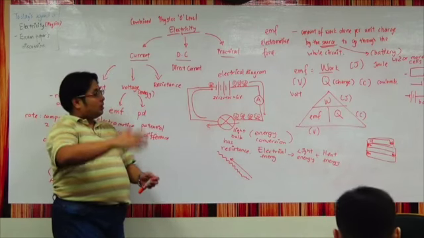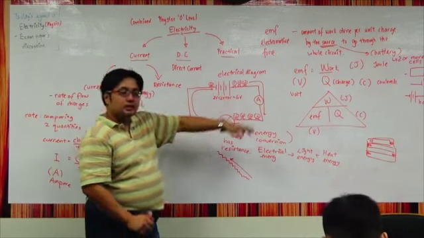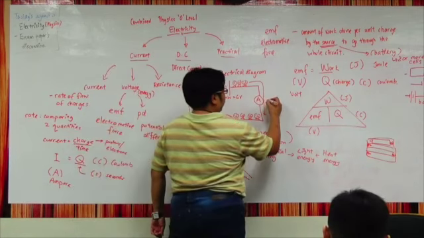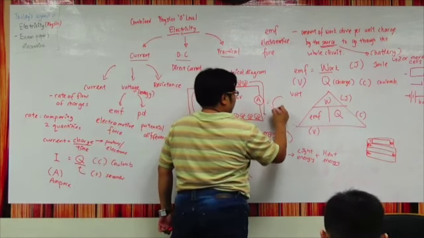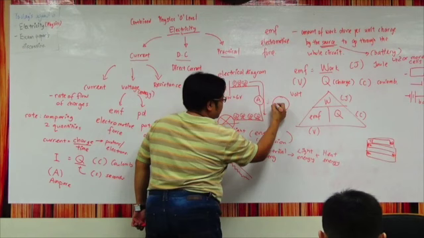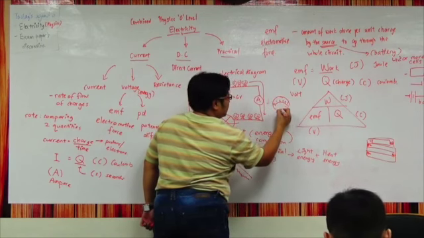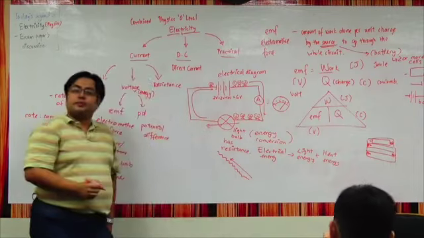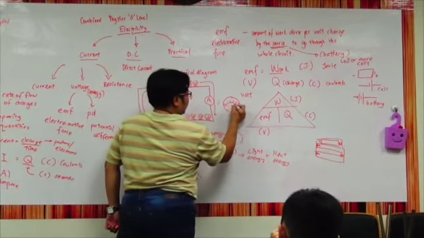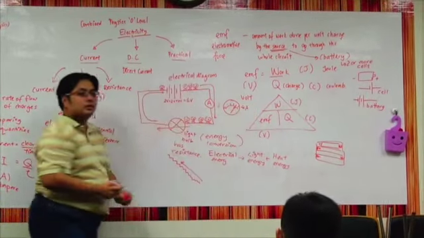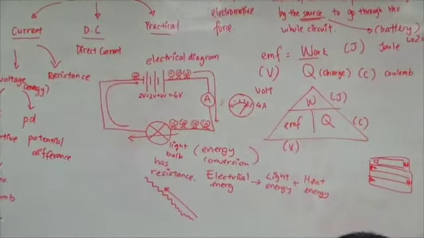Then it gives you a reading. There's a needle here, with 0, 1, 2, 3, 4, 5. Let's say the needle points to here, so it means it's 4 ampere. Was it okay?